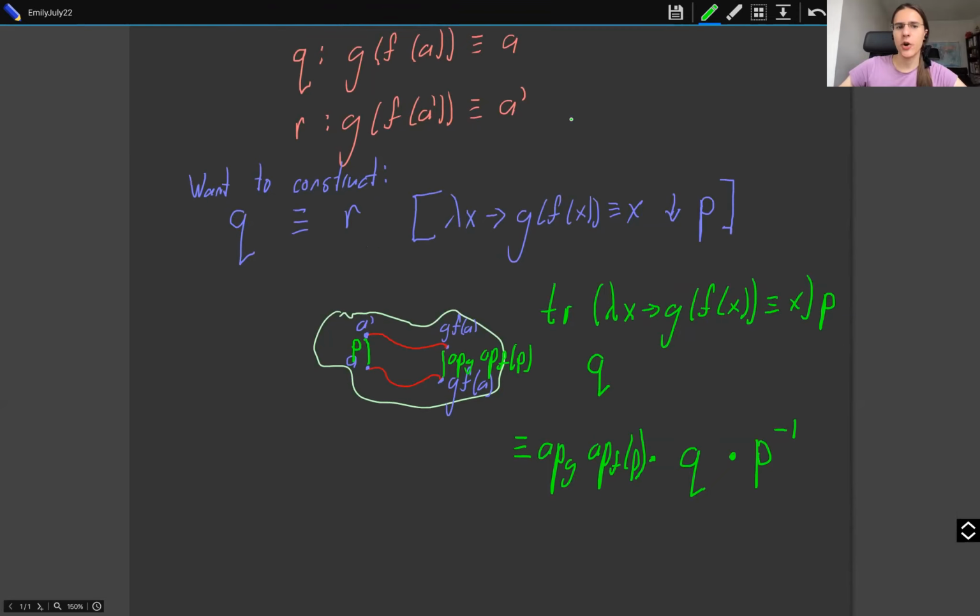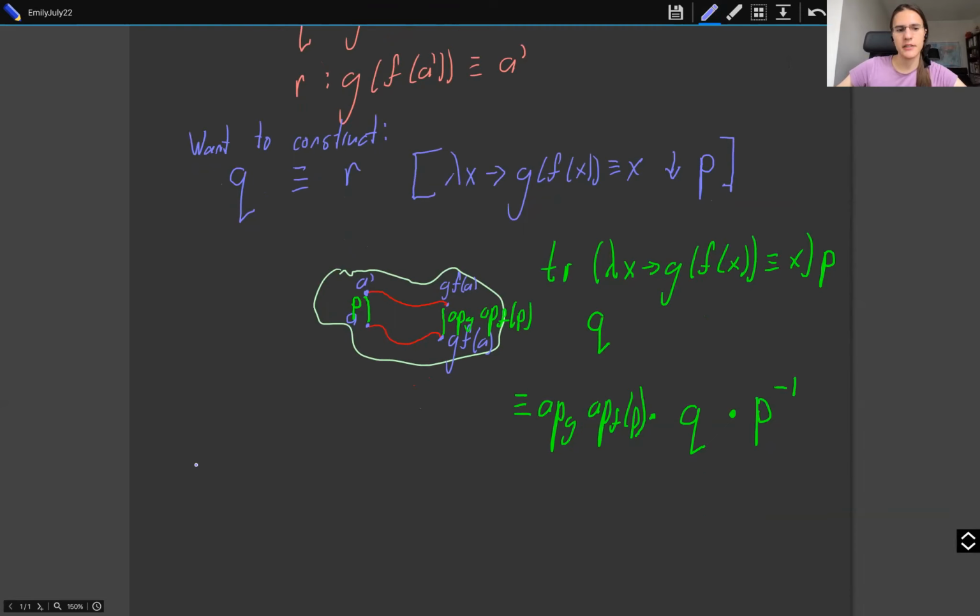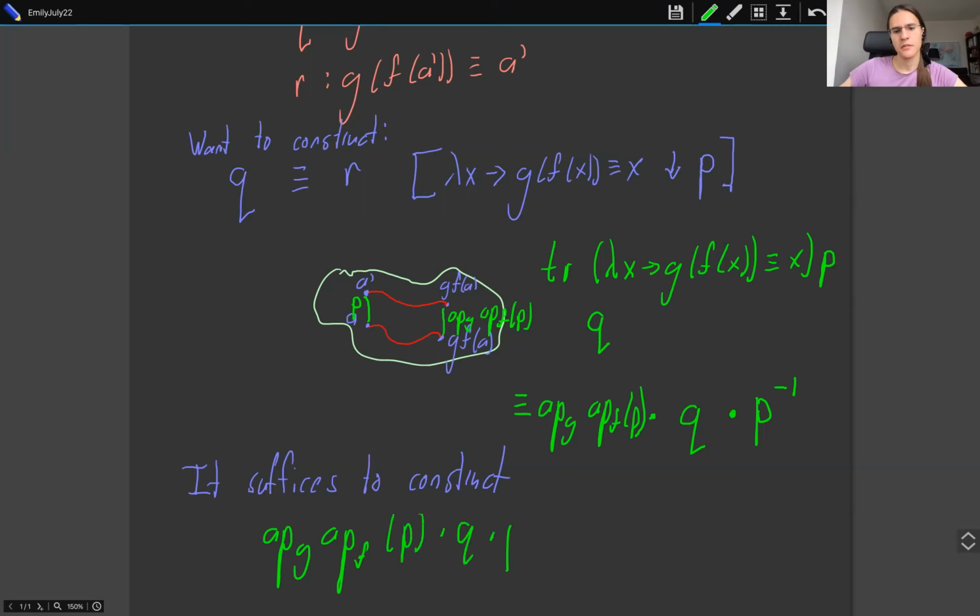So a good conjecture would be that it suffices to construct just this thing that we have here, and an equality between this and Q. Now I've chosen to write it in this direction because, well, it's supposed to be transport this equals to R. Is that what the chat question is?